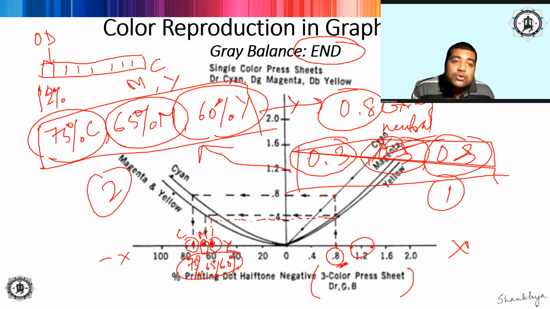Similarly, for the yellow and magenta inks, we have to reduce the dot percentage such that the overall deficiency from the cyan ink is compensated by the lower reflections from the magenta and yellow, ensuring that the overall densities obtained through the different filters in that area remain equal, ultimately ensuring that the area can be visualized as a neutral gray area.